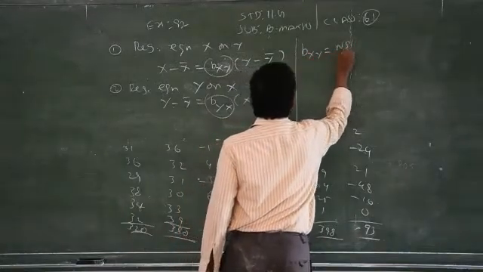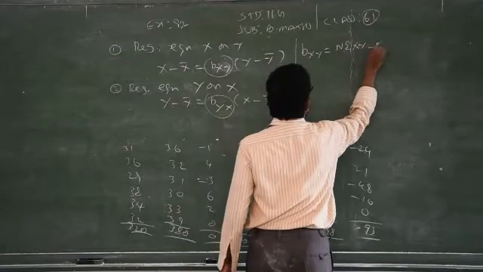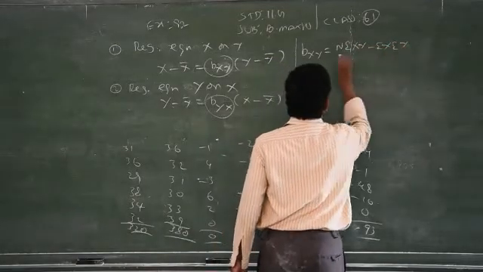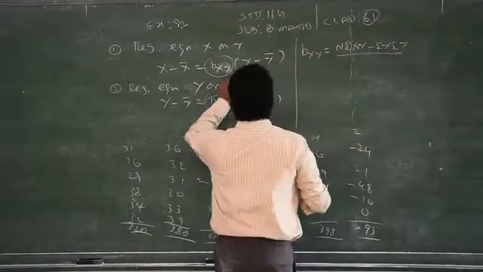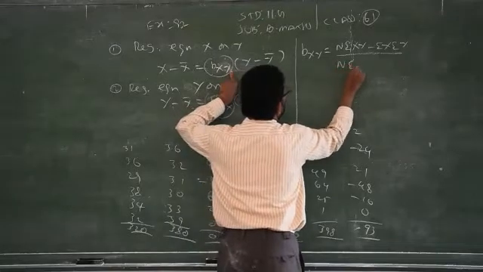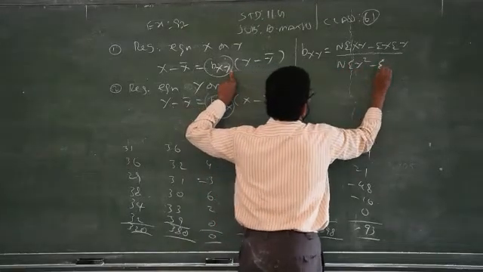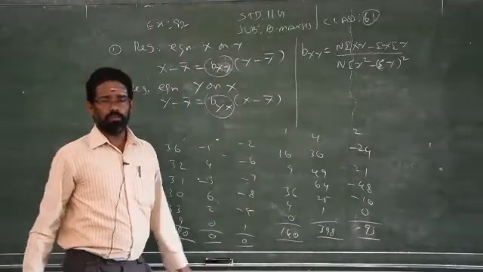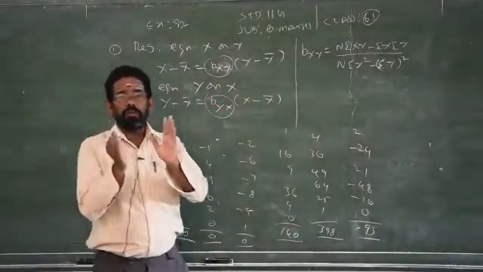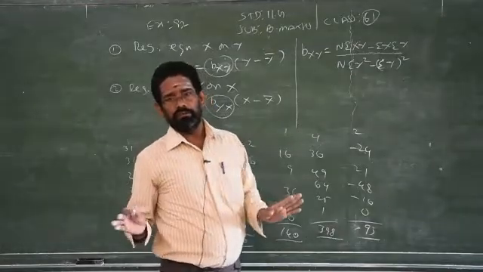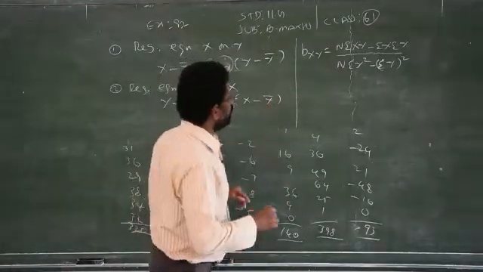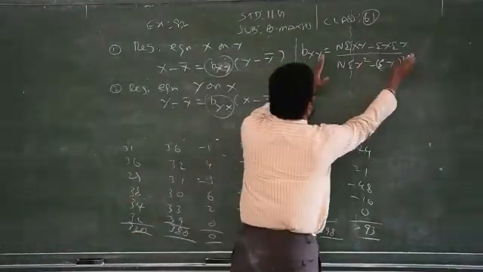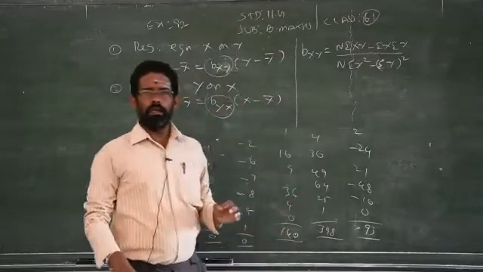That is n summation xy minus summation x summation y, by, here y is there, therefore n summation y square minus summation y the whole square. This is the direct method. This is the half of the correlation coefficient formula. Just remember, it is half of the formula from the correlation coefficient.